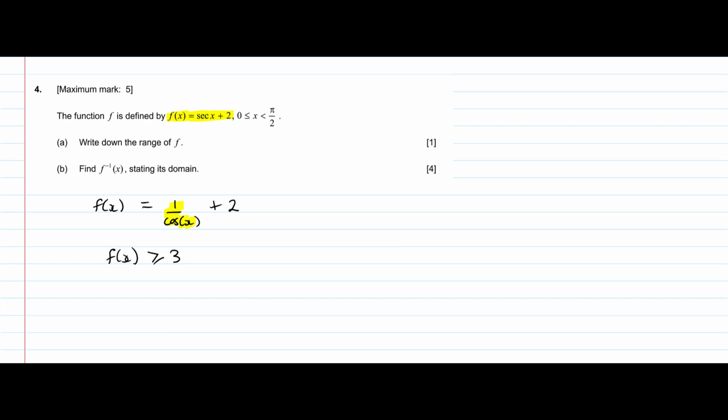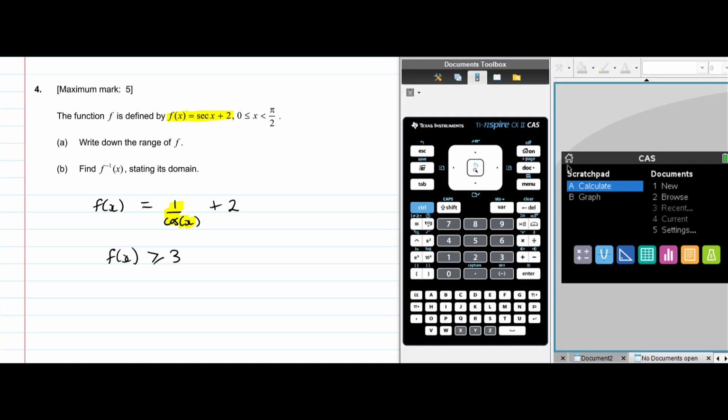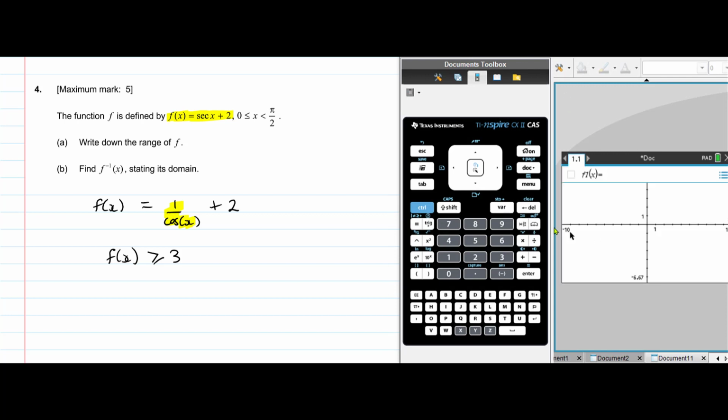We can also look at the problem graphically. So if we just pull up our calculator and start a new graph, and then we graph our function, I'll just write it as 1 over cos x. It doesn't really matter. You can write it as secant x as well.